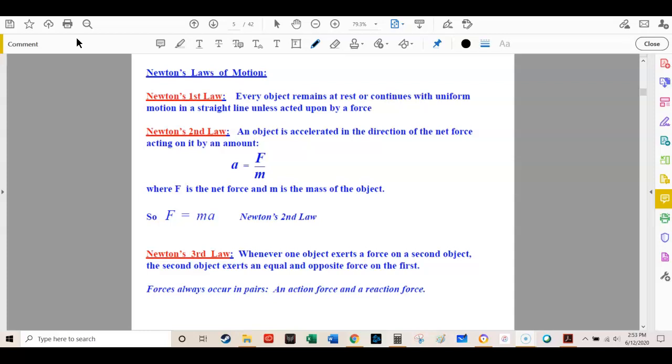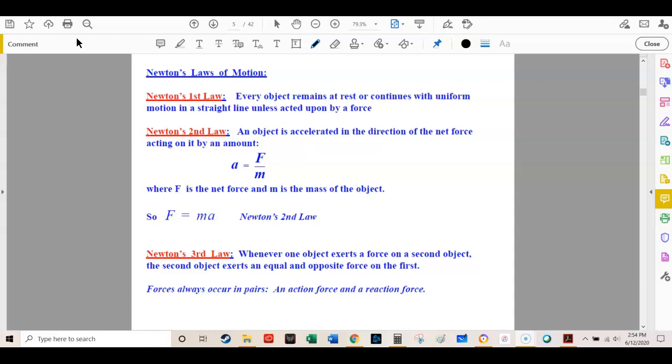So to sum it up, we're going to talk about these three laws all together, and then we're going to talk about them one at a time, and little idiosyncrasies about each one. Okay, so they seem pretty clear cut, but they're actually very weird, and counterintuitive, really, when you think about it.